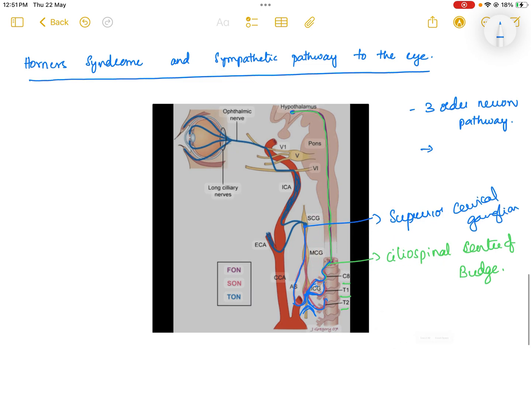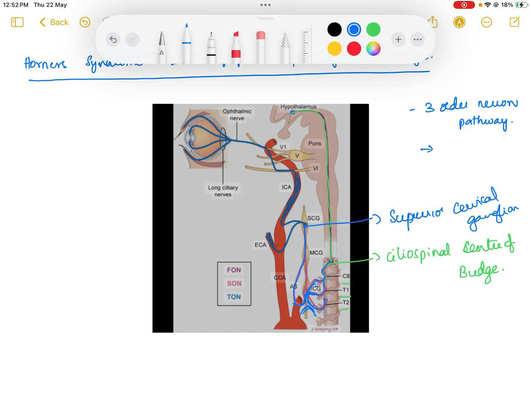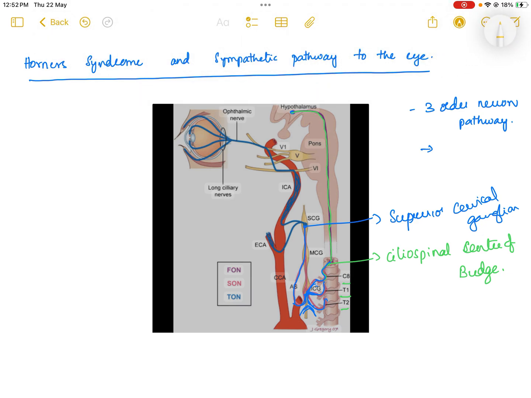Then from the superior cervical ganglion, use another color, like yellow. From the superior cervical ganglion, it traverses at the bifurcation of common carotid artery into external carotid artery and internal carotid artery.